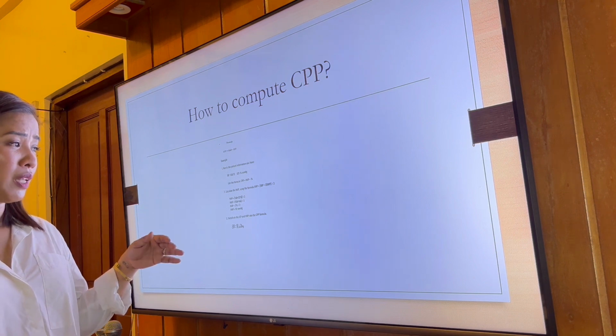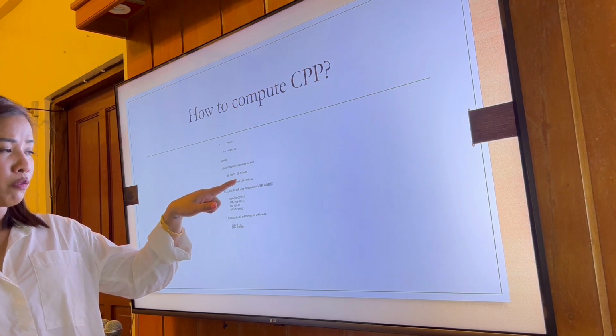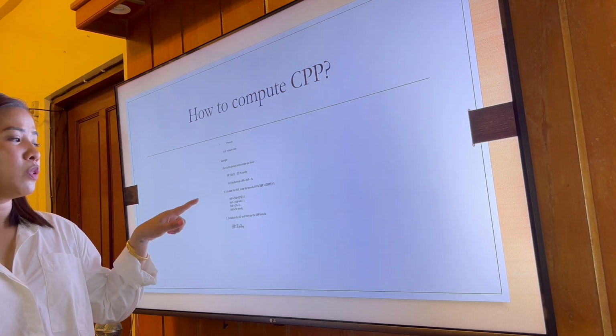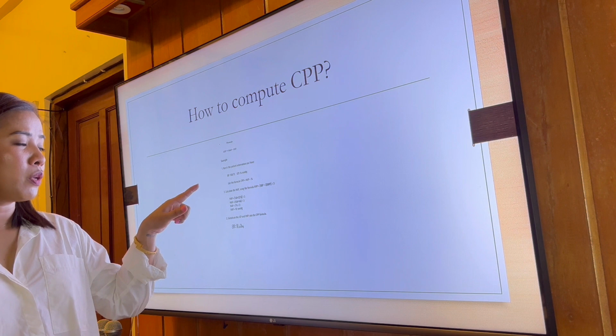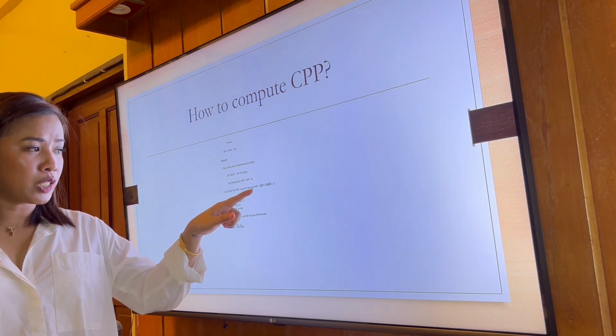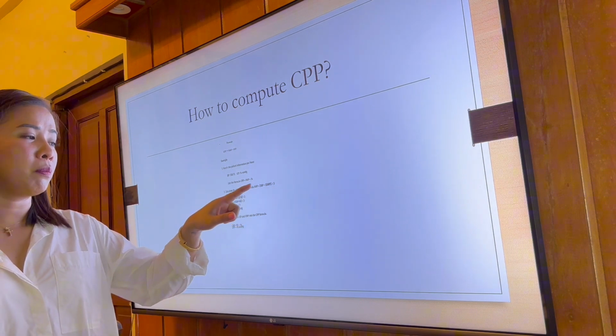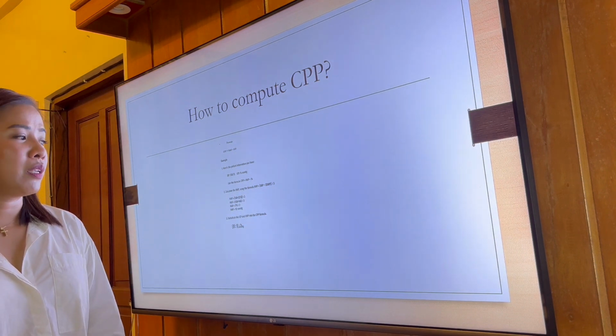So we use the formula CPP equals MAP minus our ICP of 14, and then we need to calculate the MAP using the formula systolic blood pressure plus 2 multiplied by our diastolic blood pressure divided by 3.